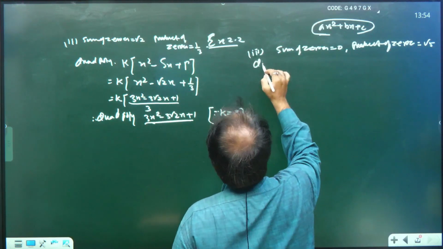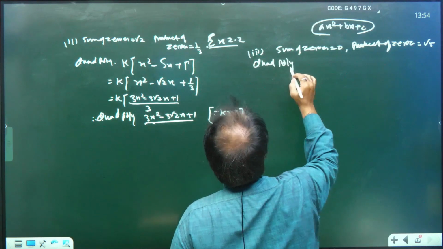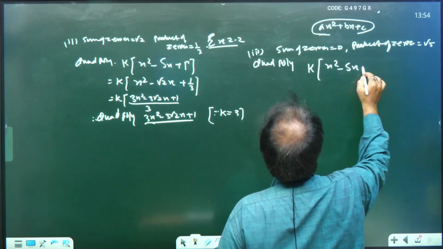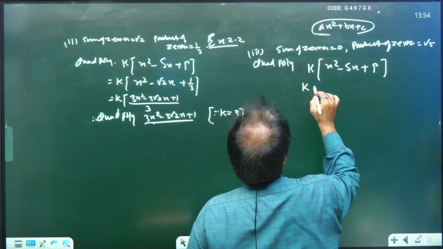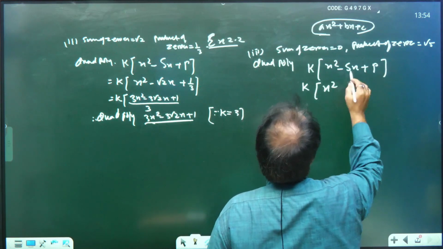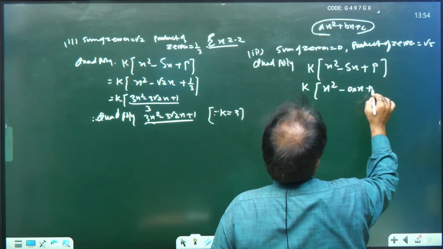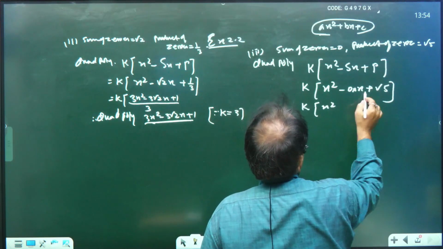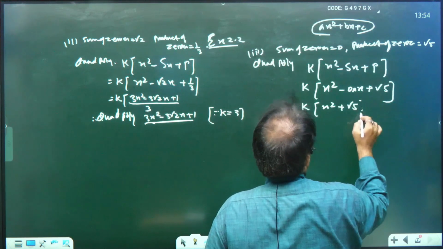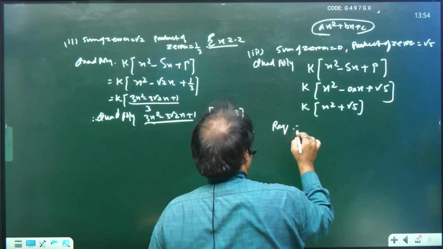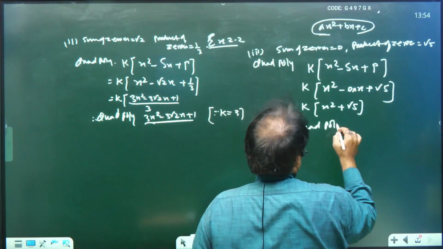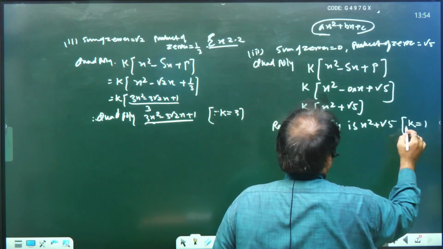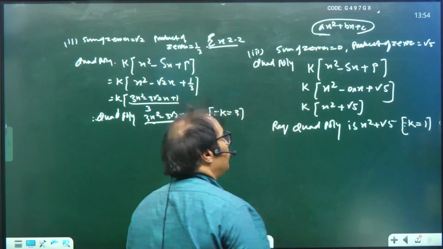So the quadratic polynomial is k times x square minus Sx plus P. So k times x square, and the sum is given 0 into x, and the product is given root 5. So this is k times x square, 0 into x means 0, so x square plus root 5. So the required quadratic polynomial is x square plus root 5, where k is equal to 1.